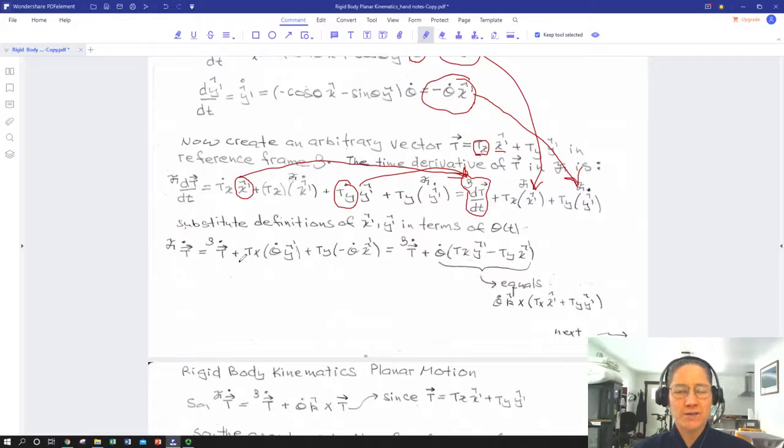And we'll collect terms and substitute in these theta dot expressions, and we again get our velocity effectively of t within B. So how fast is something changing with respect to the B reference frame, plus the angular velocity of the B reference frame with respect to reference frame F times this set of terms.